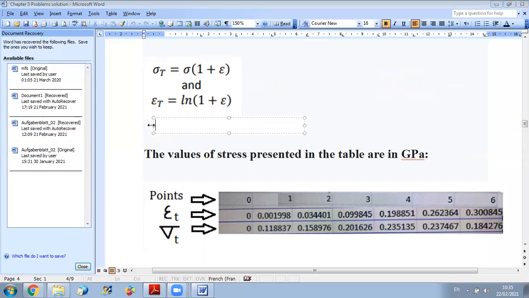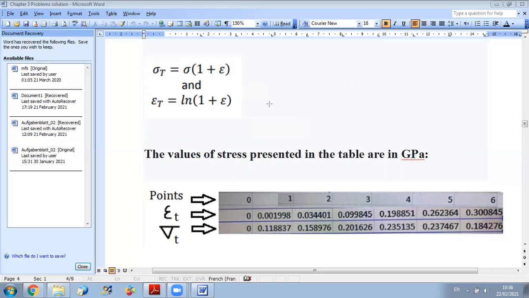Sigma is equal to k times epsilon true to the power n. Okay, and the flow curve will coincide with the true stress strain curve. So in order to find the points belonging to the flow curve, we should find epsilon true and sigma true of these points.